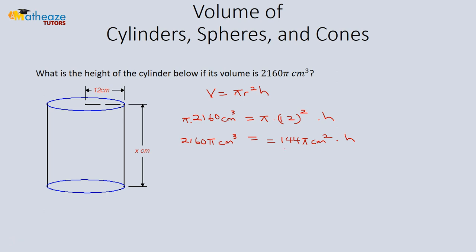So let's divide by 144 pi square centimeters, and we have 15 centimeters as the height of the cylinder.